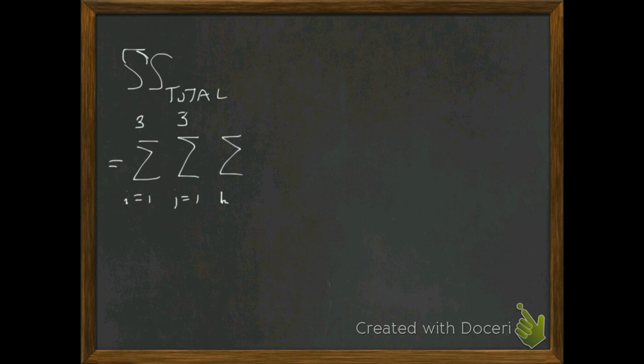Because the sum of squares for the total is just the cells minus the grand mean, right?